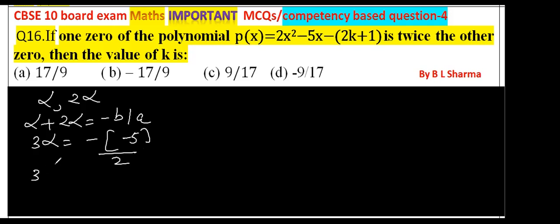So 3 alpha will be 5/2. So alpha is 5/6.